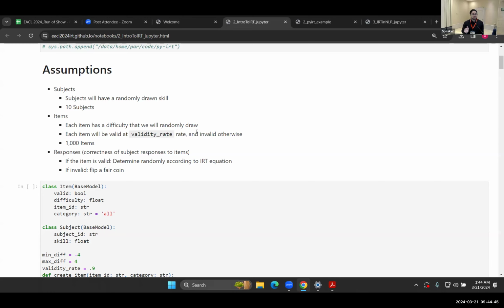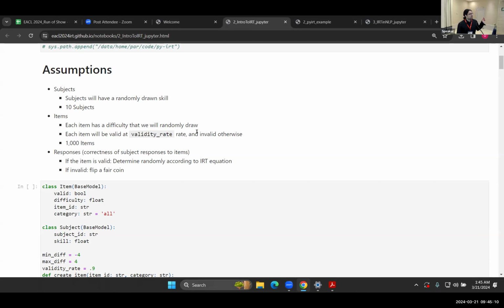We're also going to assume that we have some items, or essentially test questions, that have a difficulty that's randomly drawn. We'll also assume that there is some annotation error in creating these examples. So say at a rate of 90%, the item is valid, and at 10% it's not. And that's going to play into how we generate responses.